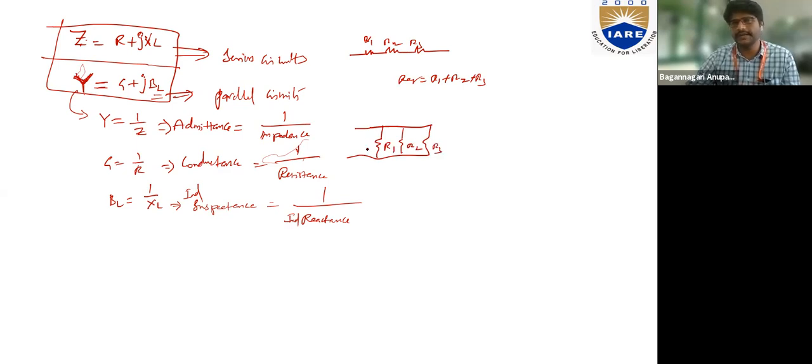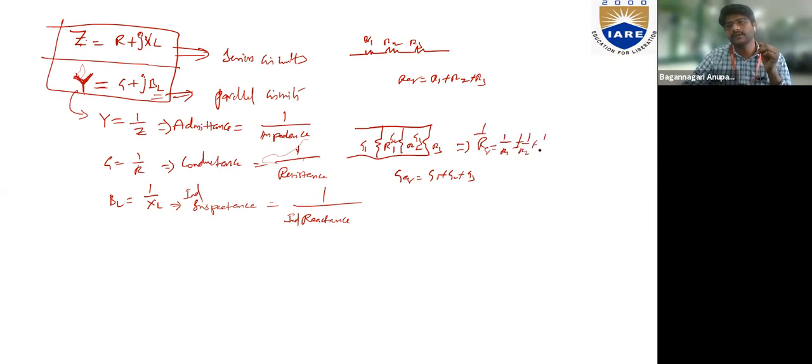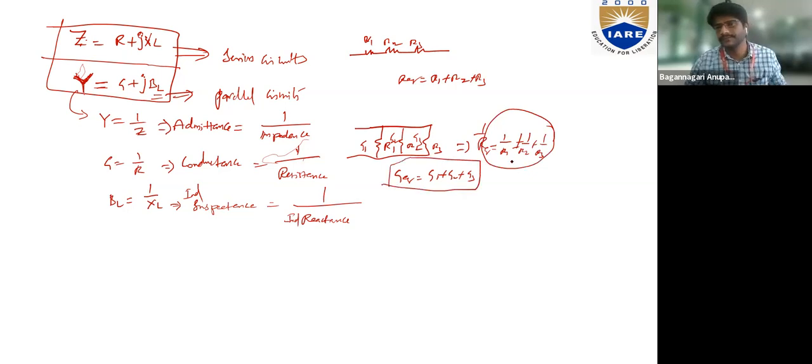If I write it as G1, G2, G3, the equivalent G is G1 plus G2 plus G3. No doubt G is equal to 1 by R. The same thing can be written as 1 by R equivalent equals 1 by R1 plus 1 by R2 plus 1 by R3. It doesn't matter, but for calculation, the G form is simpler.